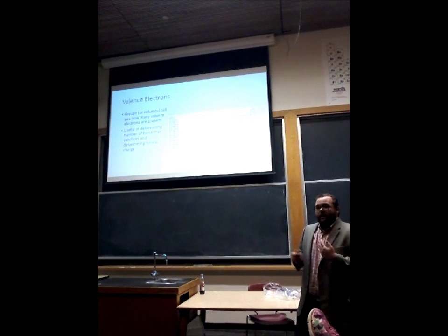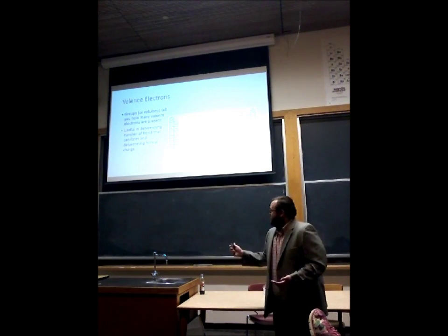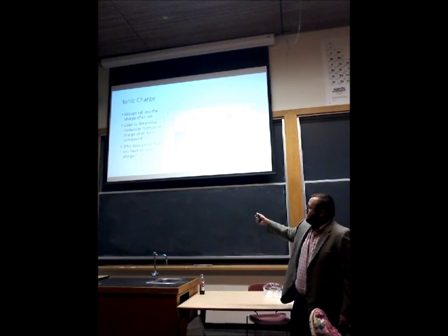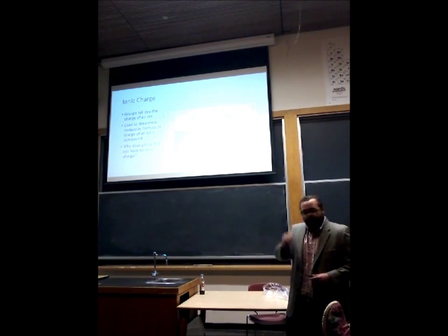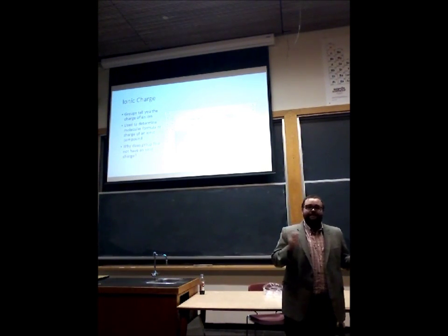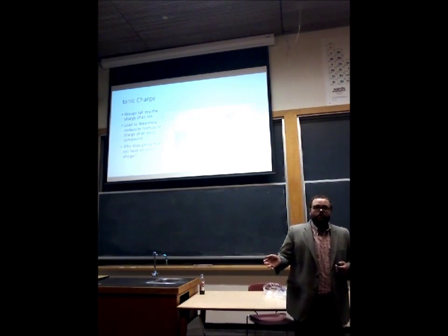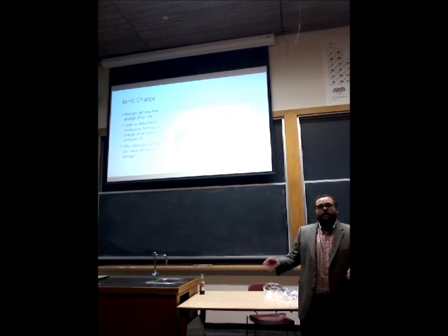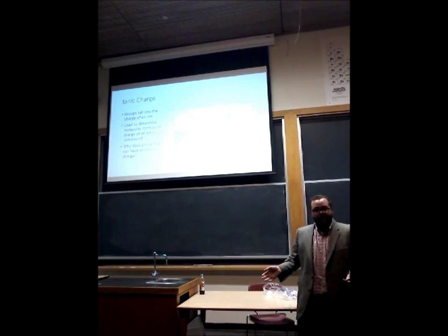So if we're trying to figure out ionic charge based on valence electrons, well, let's start off with group 1. Group 1 has 1 valence electron, so it wants to get to 8. So it can either gain 7 electrons, or it can just lose 1 electron. Either way will give it a full octet that's going to be happy.